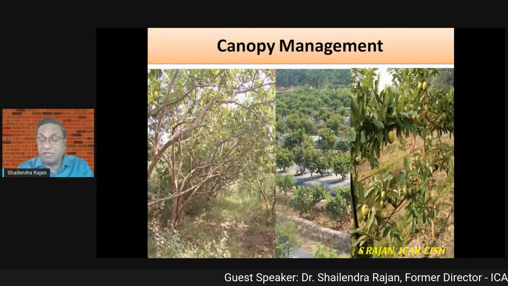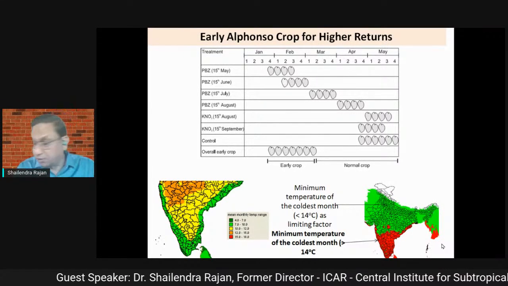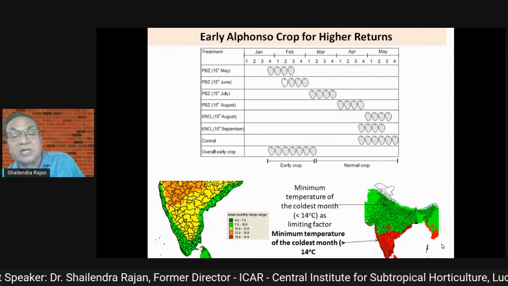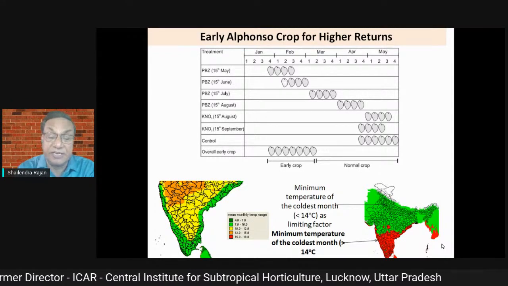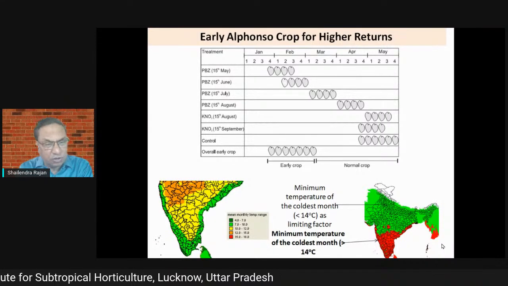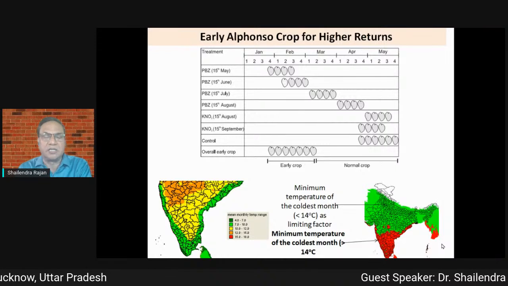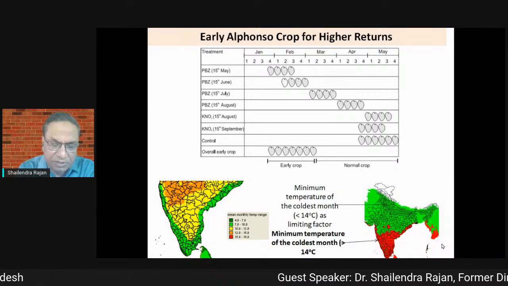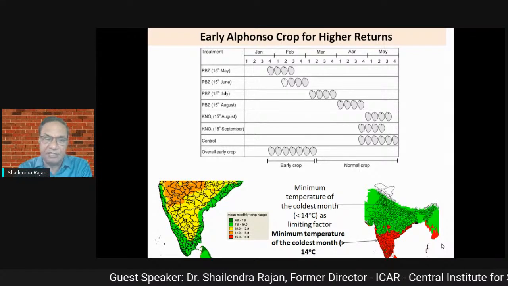So early flowering is somewhat difficult to utilize for fruiting. But in the case of Alphonso, it has been very well demonstrated. Paclobutrazol application 3 months early advances fruit maturity by 2.5 months in the same year.